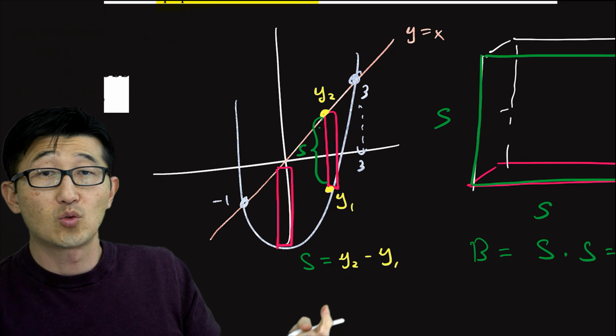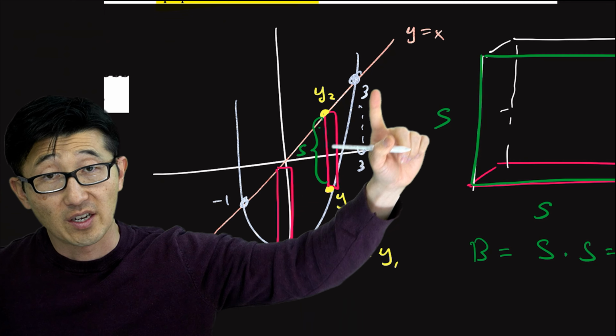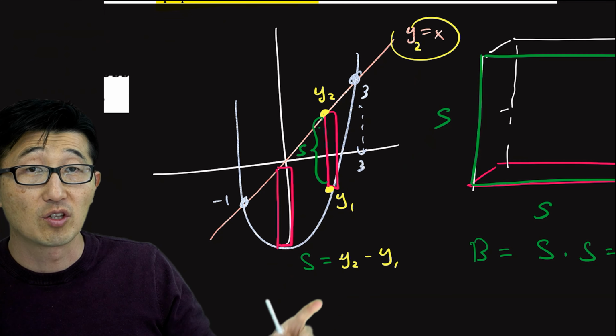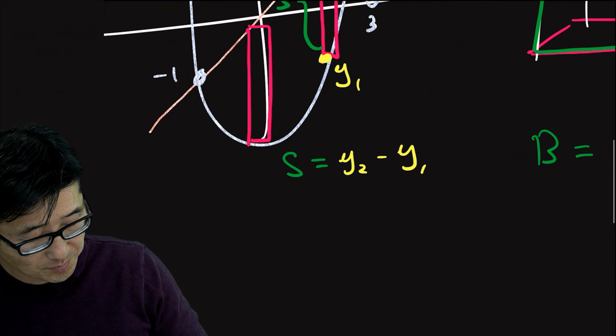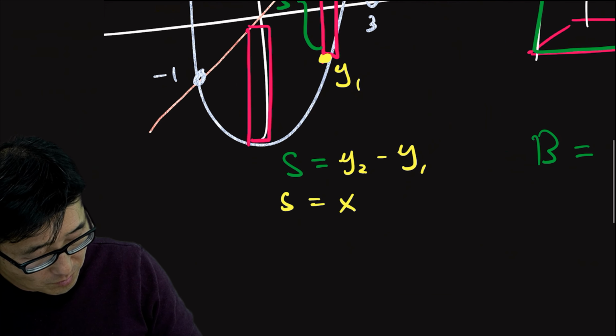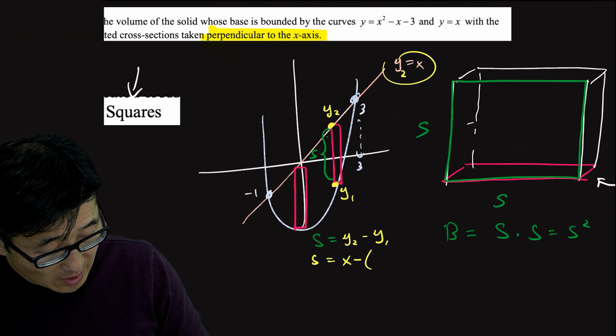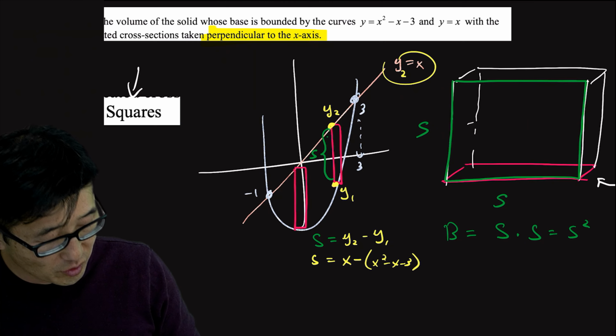What does the upper graph look like? It's y equals x, so this is y2, let's replace that with the letter x. And y1 is our parabola, so we'll call that x squared minus x minus 3.